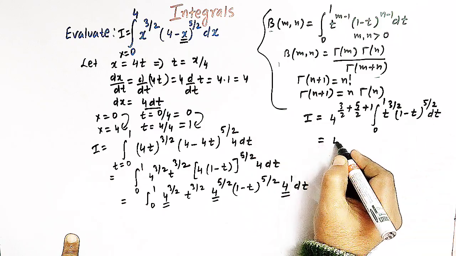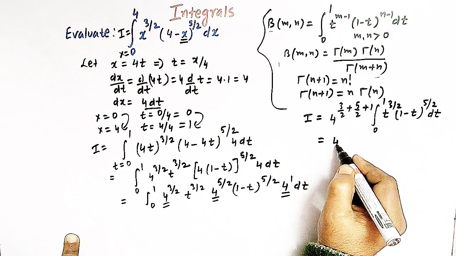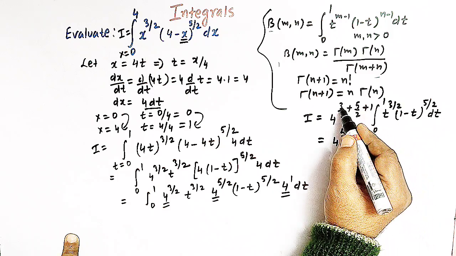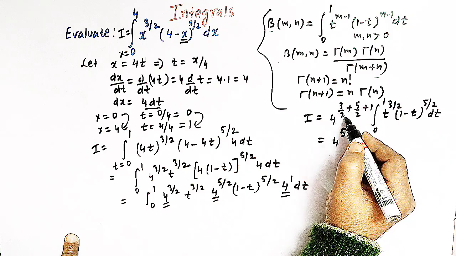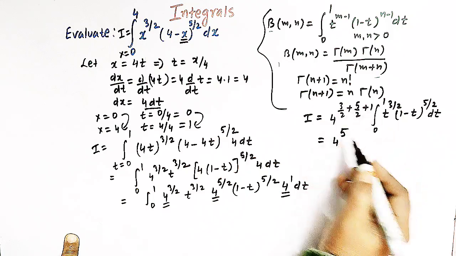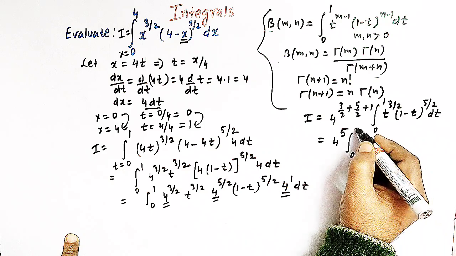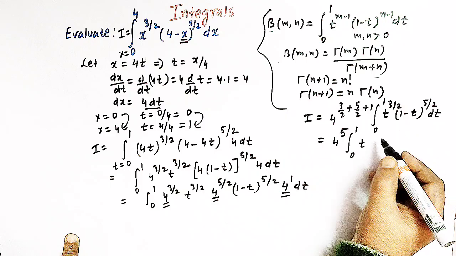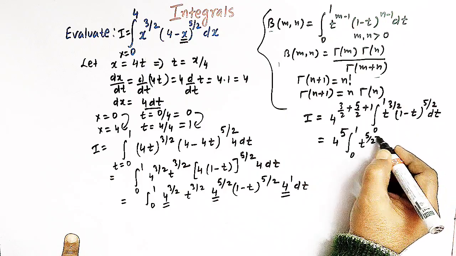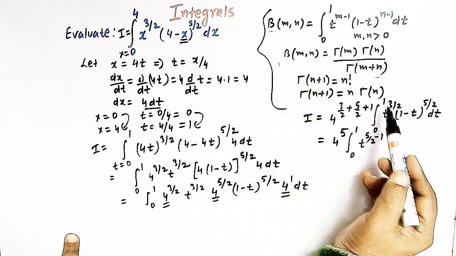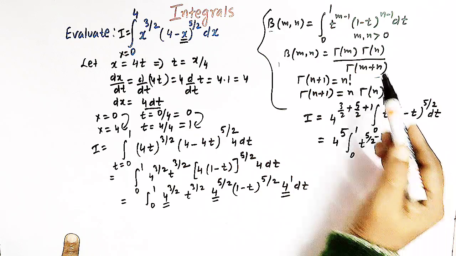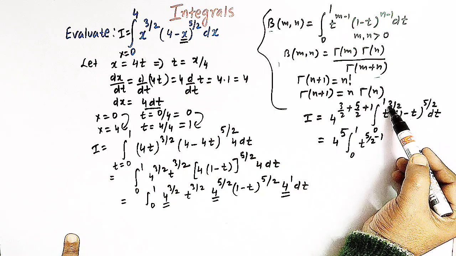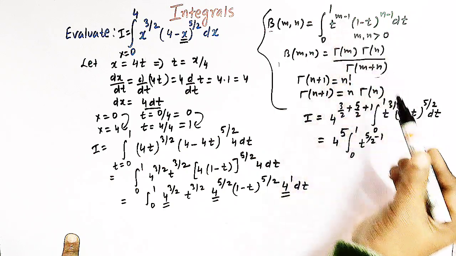Now this expression is equal to 4 raised to 5, because 5 plus 3 is 8, 8 over 2 is 4, and 4 plus 1 is 5. And we can now write the integral from 0 to 1 of t raised to 3 by 2. So 3 by 2 can be written as 5 by 2 minus 1, because we have to write this exponent in the form m minus 1.